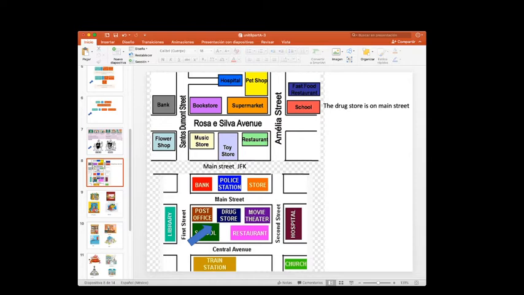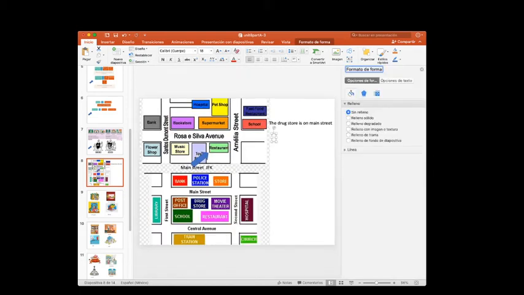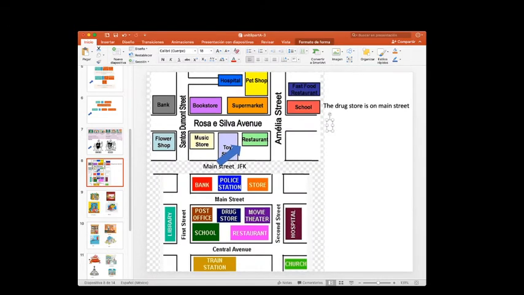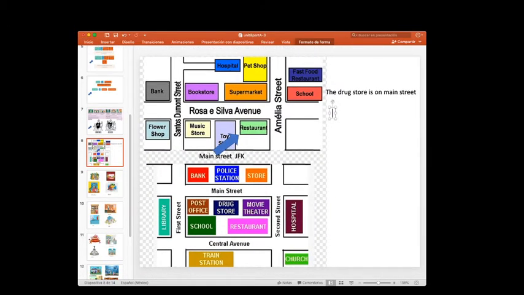Okay, the other one, it could be, for example, this: the restaurant is, and this is a corner, isn't it?